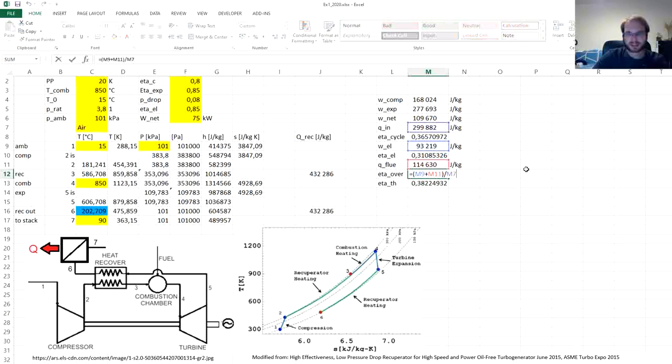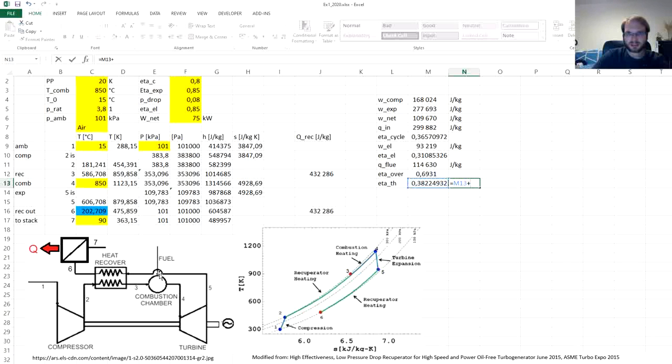And of course this overall efficiency must be the same value as either getting it from the work, or getting the efficiency of one product plus the other product, in this case when all these efficiencies are related just to the single heat input.